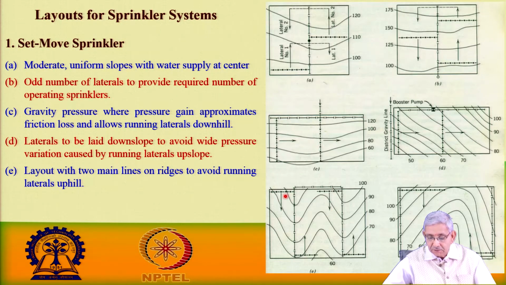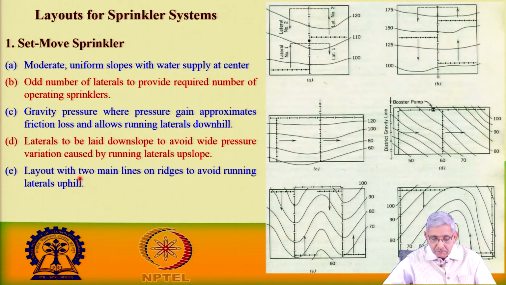So, it is the 100 meter contour, this is the 90 meter contour, but it is not this kind of a thing, there is a hill and valley. So, in this case what is done, you are seeing here this is your main pipeline, and this is another main pipeline, and then laterals are attached with the main pipelines in this way.